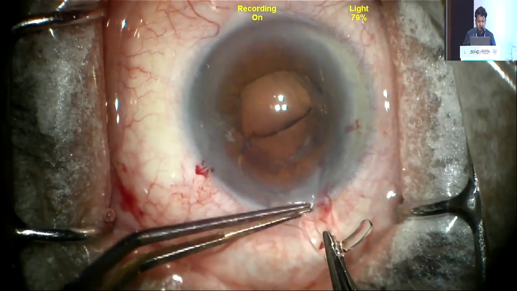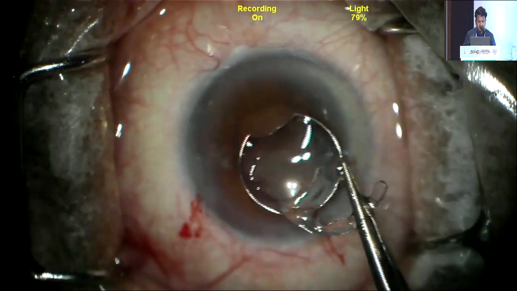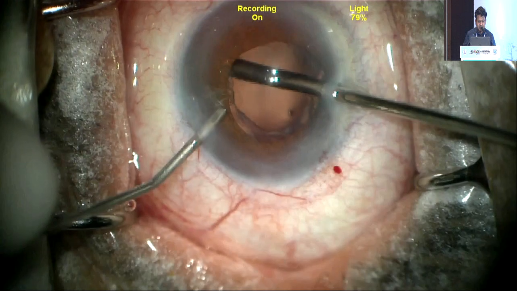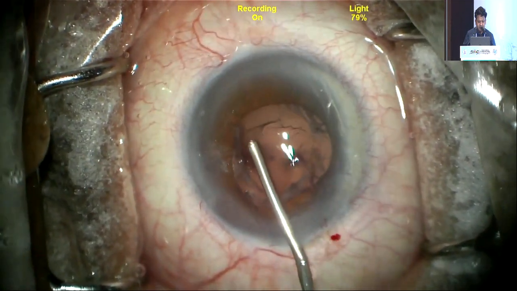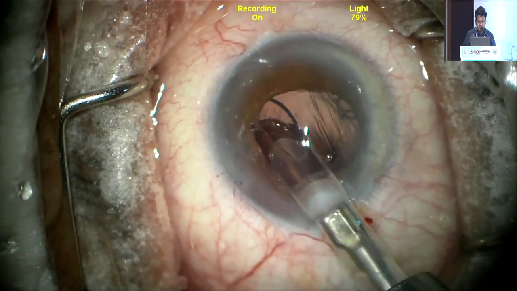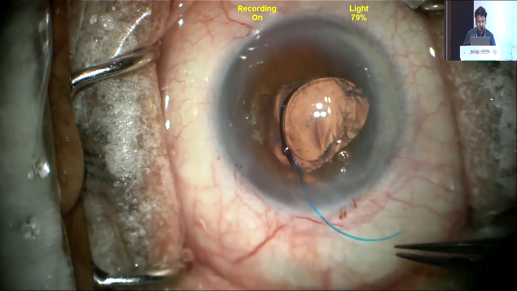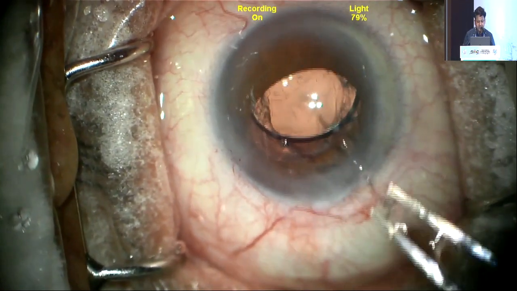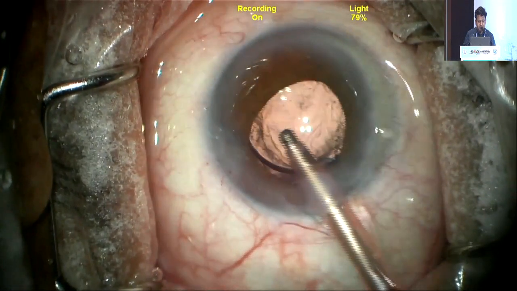The anterior capsule was intact, so I did an anterior vitrectomy with the cutter here, and then I proceeded with the intraocular lens implant. And then I did a vitreous surgery. So please avoid these kinds of mistakes during the primary cataract surgery, because ultimately they will lead only to problems.